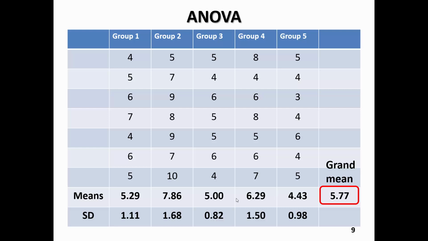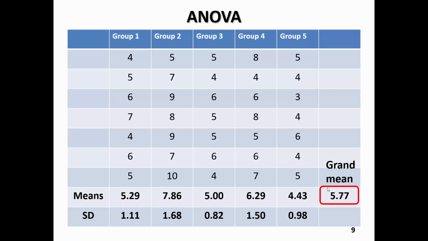So we see scores that are closer to each other, and so the ANOVA procedure will identify that difference that exceeds what we might expect from random chance.